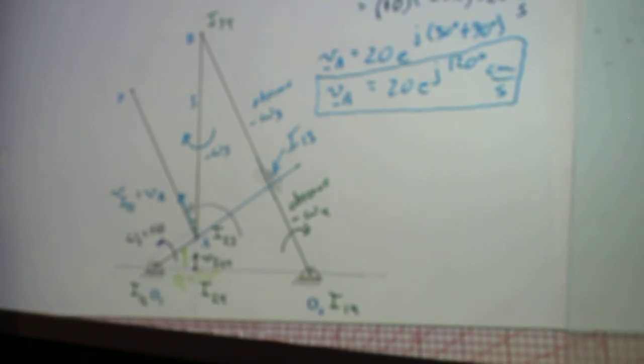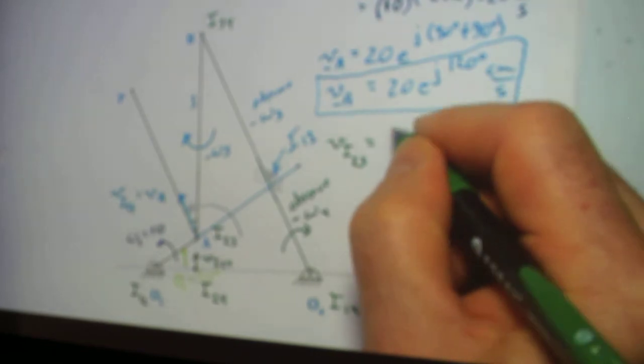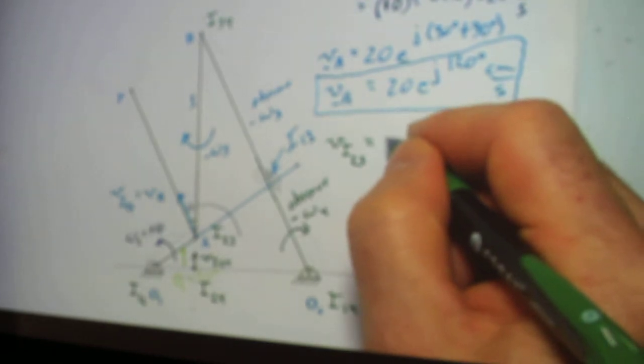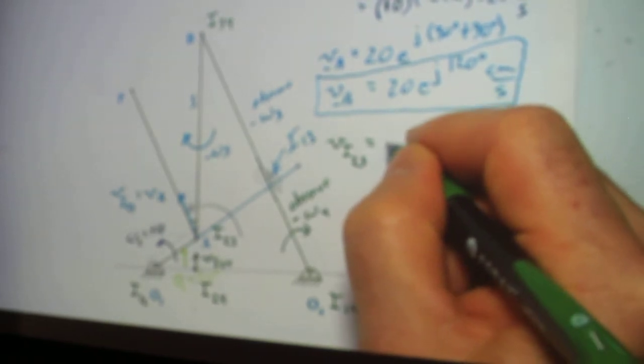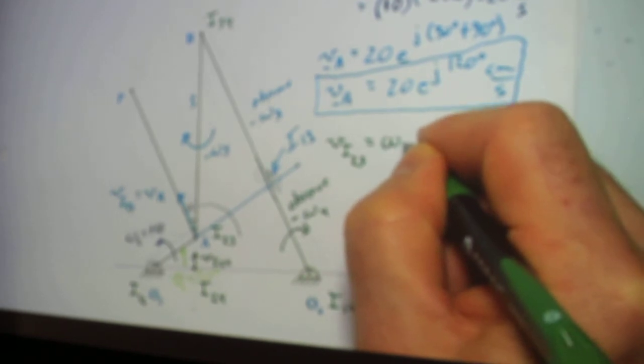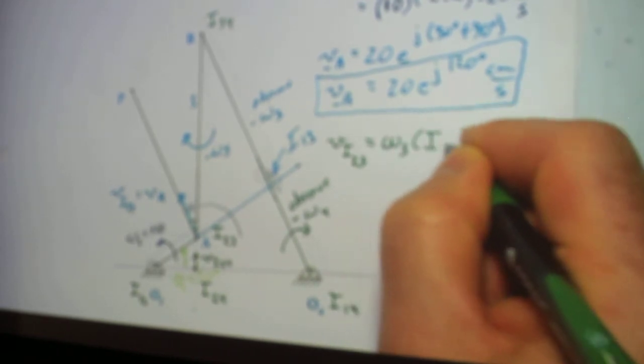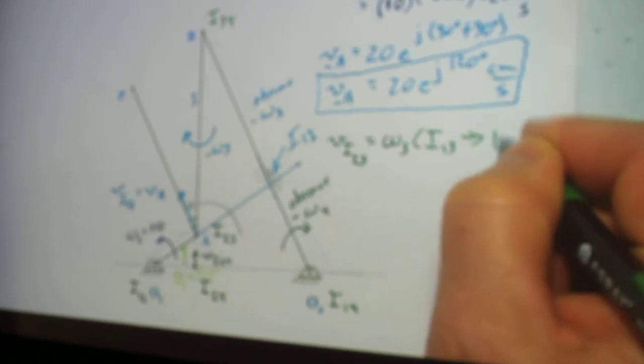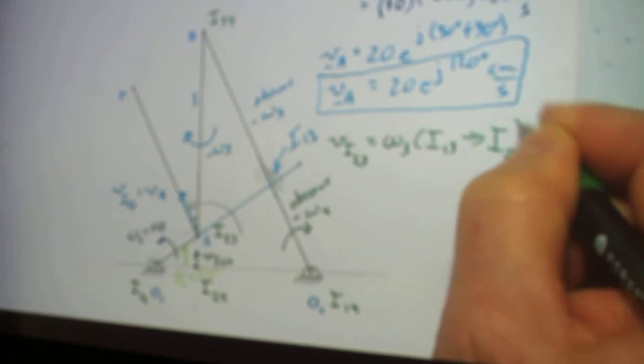Then, the velocity of I23 equals the velocity of A, which equals omega 3 times I13 I23. So I measure this distance right here.